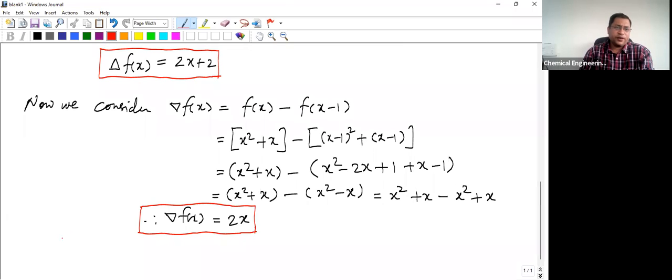Very good. Now in the last lecture, we have discussed error propagation, that is, how the error propagates.